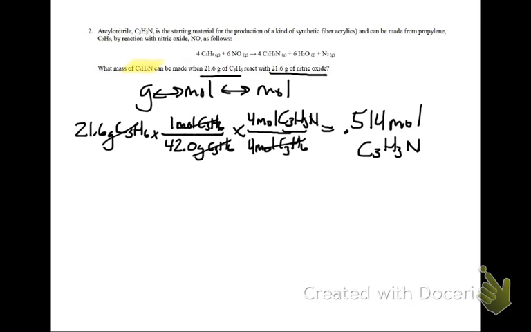Alright, the next step, we've got the same number of grams, but this time it's nitric oxide, so we have 21.6 grams of nitric oxide. 1 mole of NO weighs 30 grams.